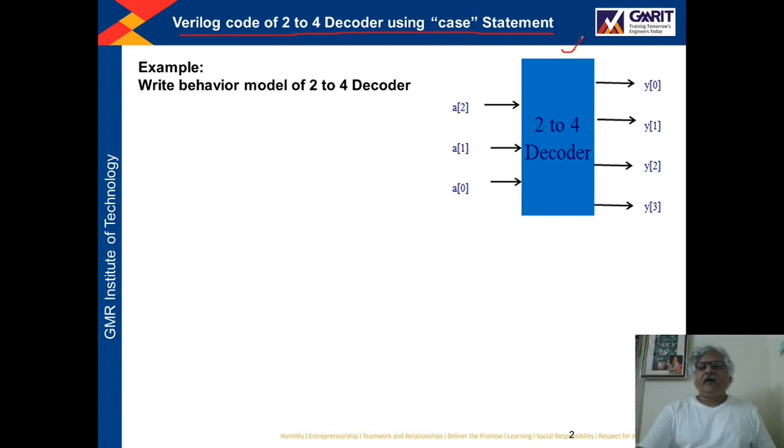This is the block diagram of the 2 to 4 decoder. Here we have created the inputs as an array, right?